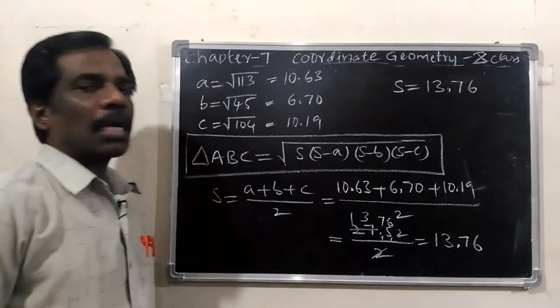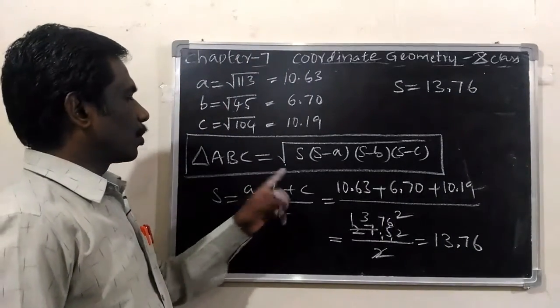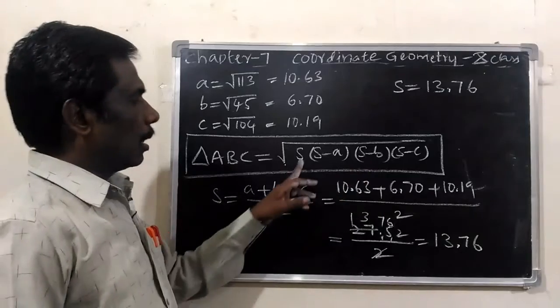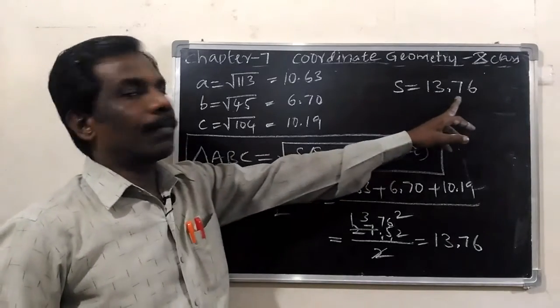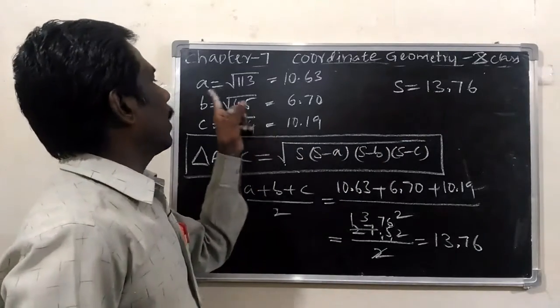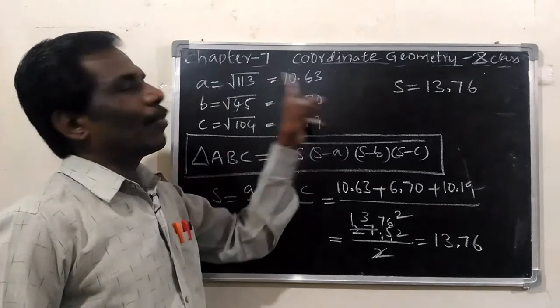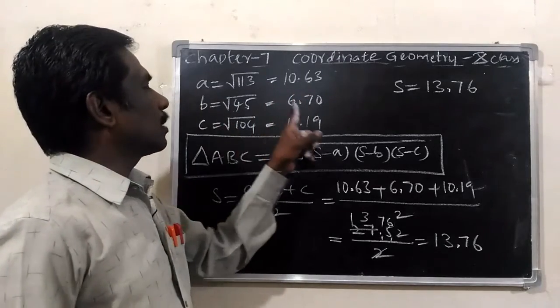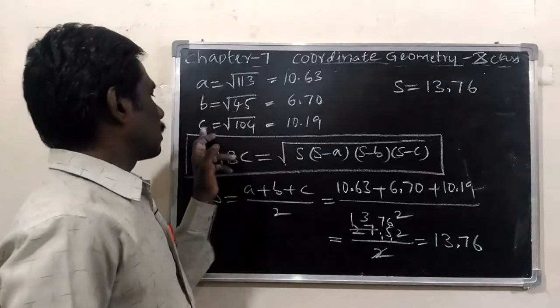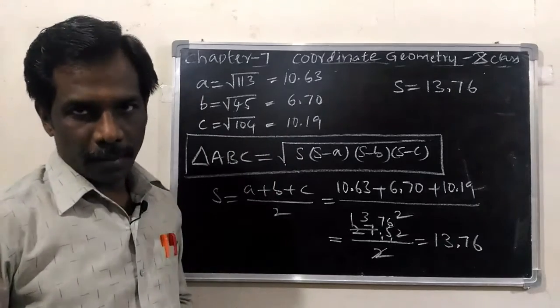Now we substitute in Heron's formula s as 13.76, a as 10.63, b as 6.70 and c as 10.19.